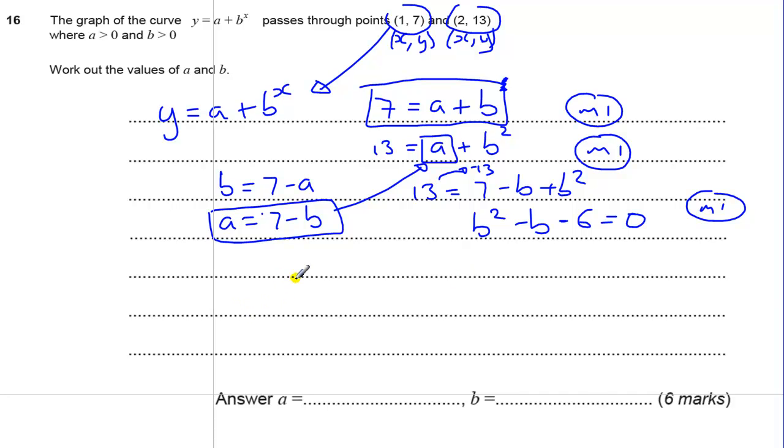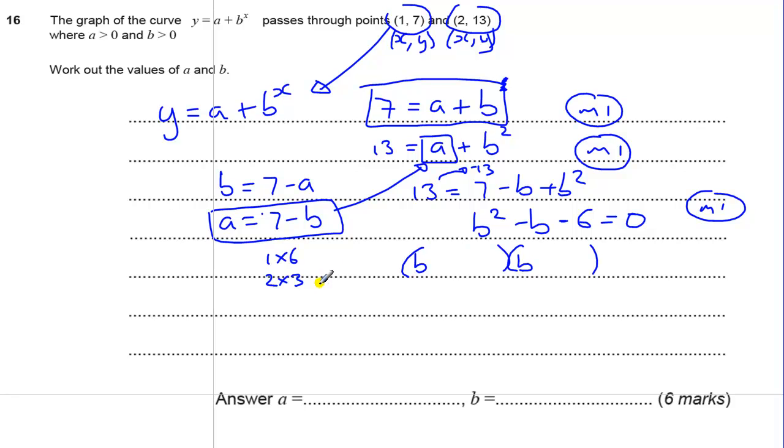To solve that, we don't need to factorise, but factorising is the easiest option. Should try it first. What multiplies to give us minus 6? Well, we could have 1 times 6 or 2 times 3.